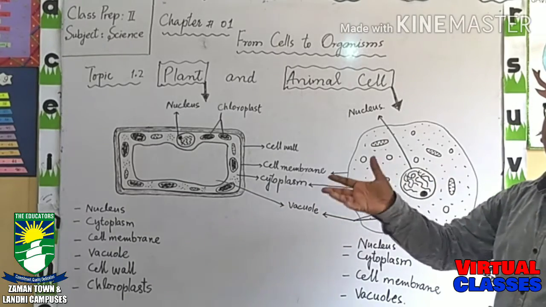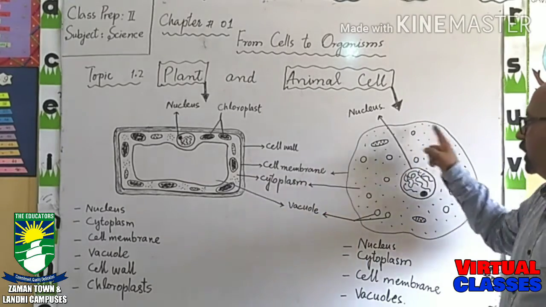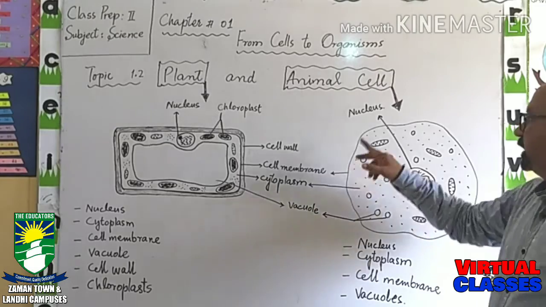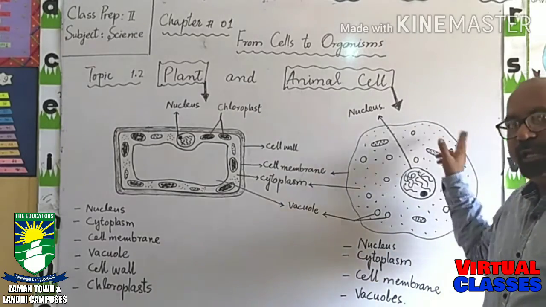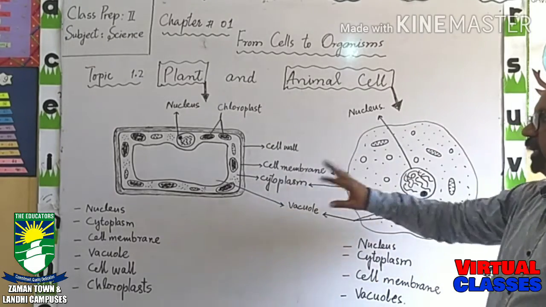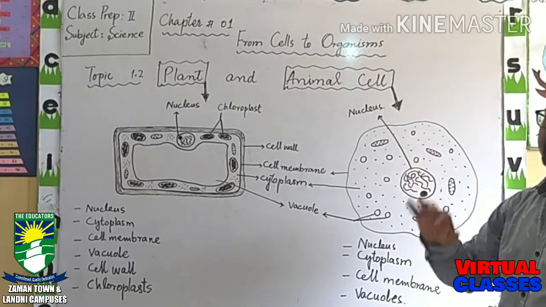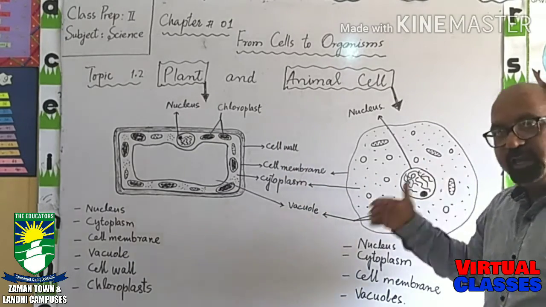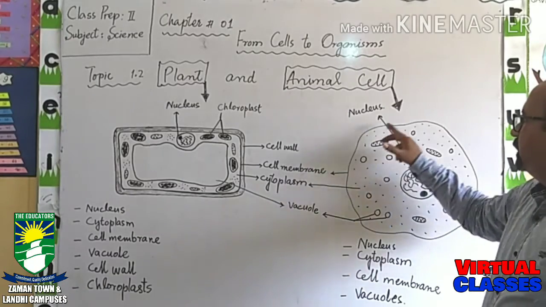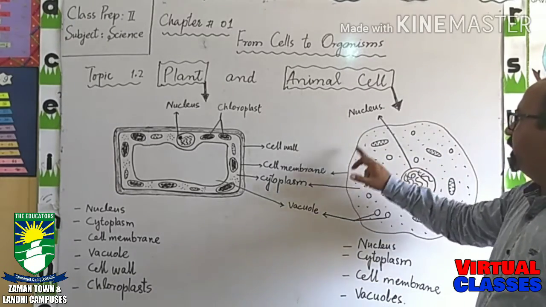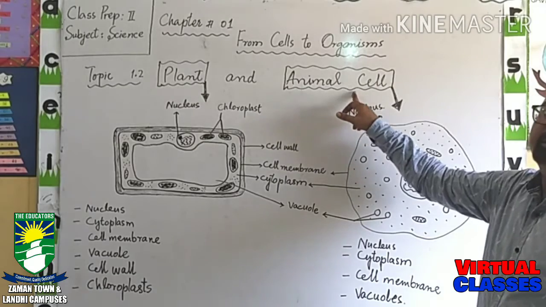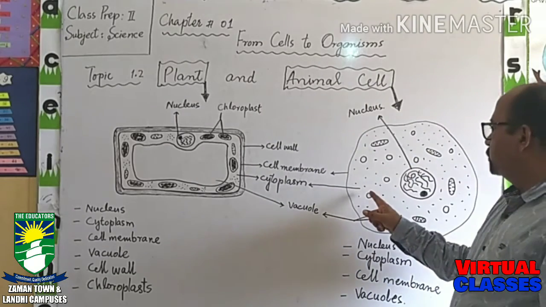Meaning the exchange of material takes place through the cell membrane. It is the outer covering, a thin layer, with the same properties as we already explained in the plant cell, and the same functions the cell membrane performs in the animal cell as well.